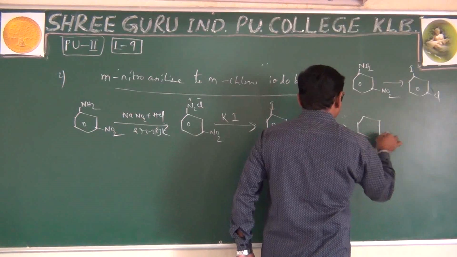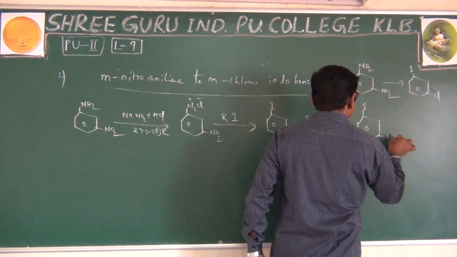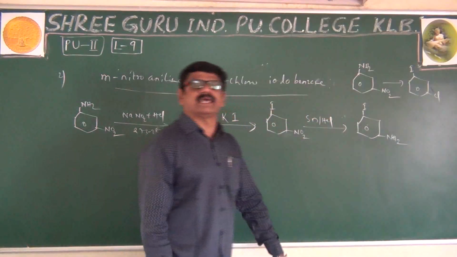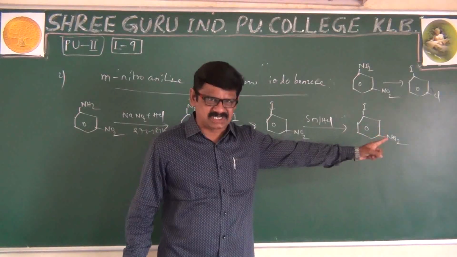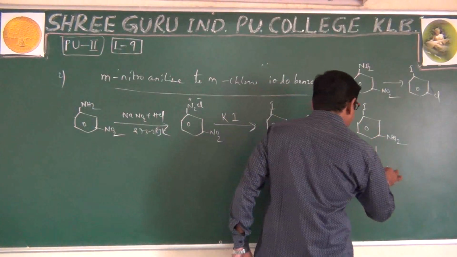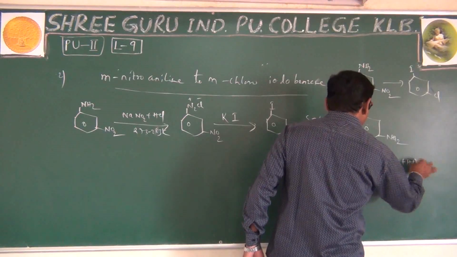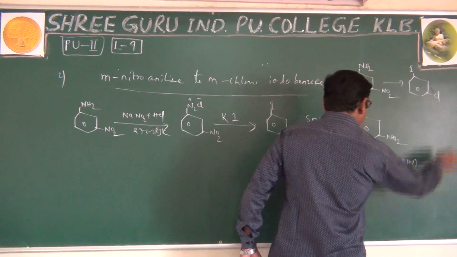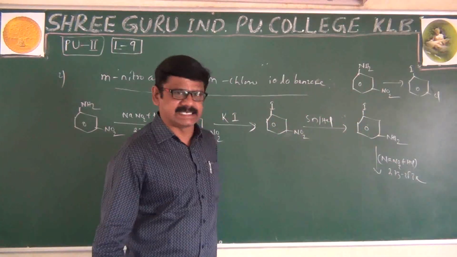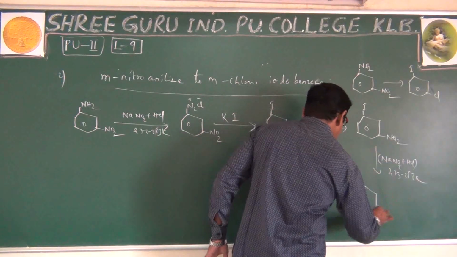During the reduction, NH2 is formed. Once NH2 is obtained, in most cases we have to do the diazotization process. We do diazotization with NaNO2 and HCl at 273 to 283 Kelvin or 0 to 5 degrees centigrade. Then NH2 is converted to N2Cl.